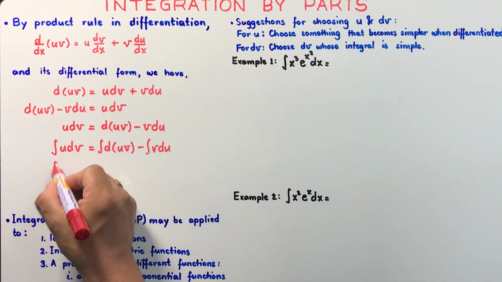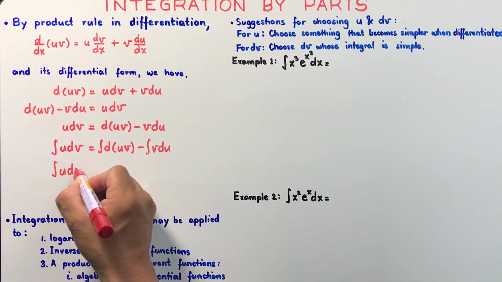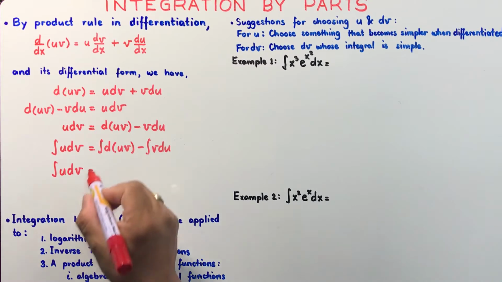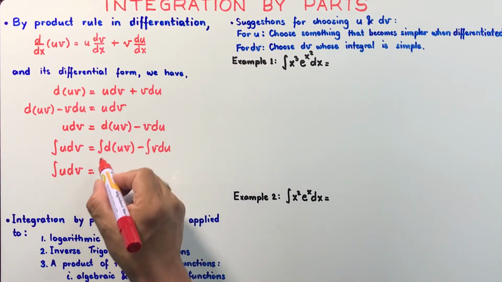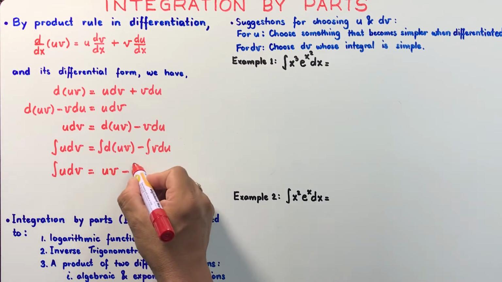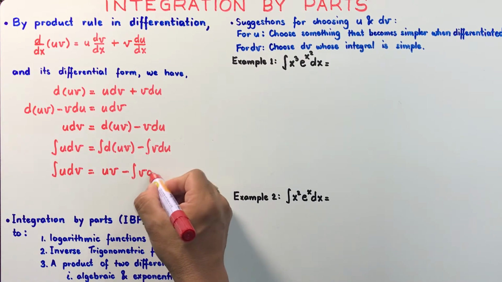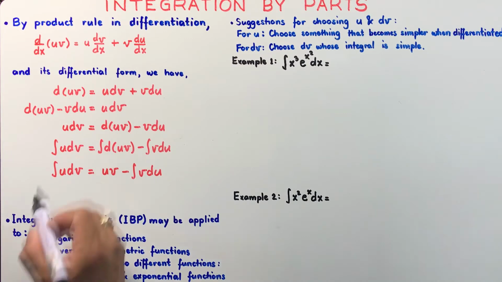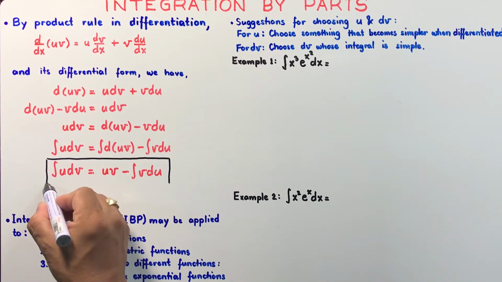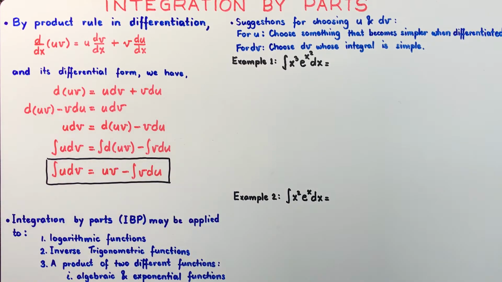Now, we know that the integral and the differential are inverse operations to one another, so this integral and differential cancel each other. So we have uv minus the integral of v du. Now this is the formula that is popularly known as the formula for integration by parts.